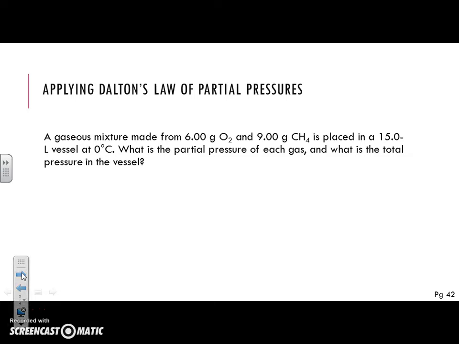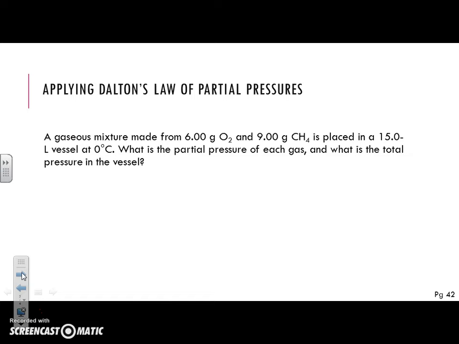In this problem, we are looking at a gaseous mixture made from 6 grams of oxygen and 9 grams of methane, CH4, and these are in a 15-liter vessel at 0 degrees Celsius. We want to know the partial pressure of each gas and the total pressure of the vessel.